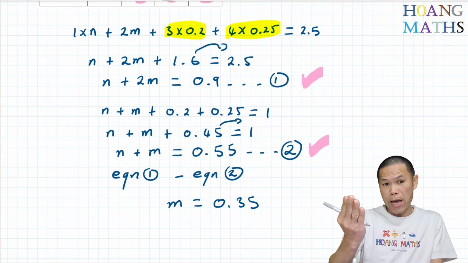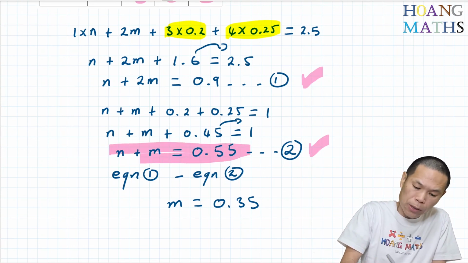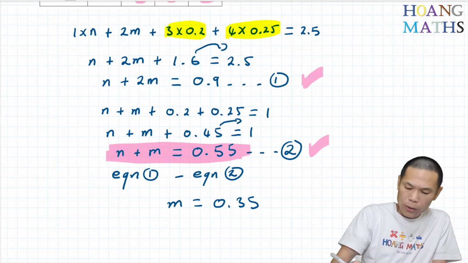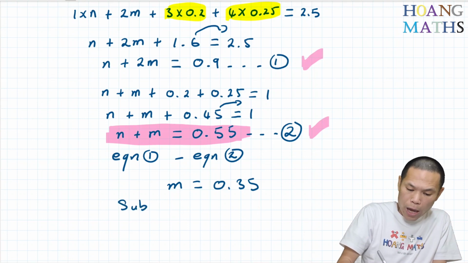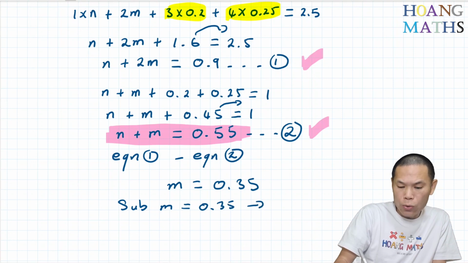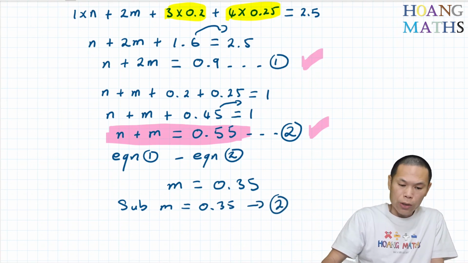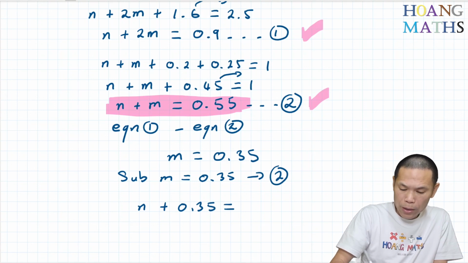Now to find n, we can either substitute into equation number 1 or equation number 2. Doesn't really matter, but it's easier if we substitute m into this equation here. So let me just write this down. We substitute m equals 0.35 into equation number 2. So that will give me n plus m, but m is 0.35, is equal to 0.55.